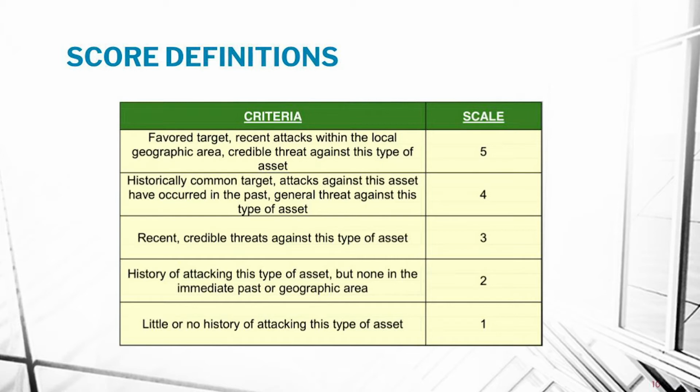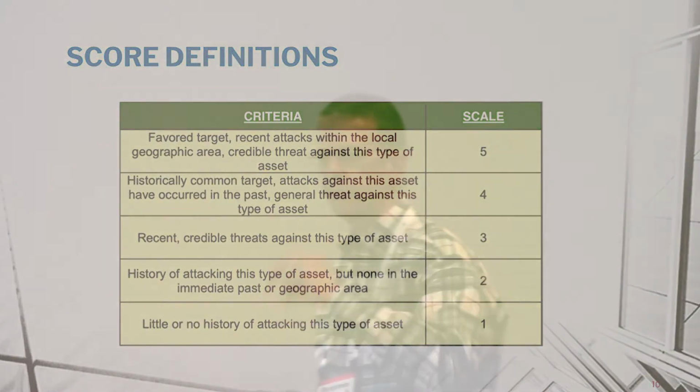So is it going to be historically common against this type of asset, occurred in the past, general threat against this type? Is it going to be 4, 3, or 2? Who wants to go for 4? Okay, 0. 1. Who's going to go for 3? 4. Who's going to go for 2? Now we're about 8. Okay, anybody want to go for 1?